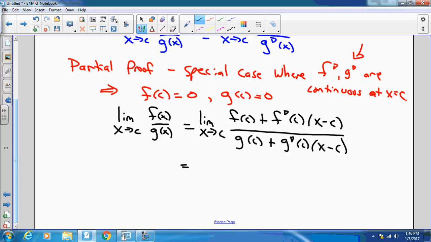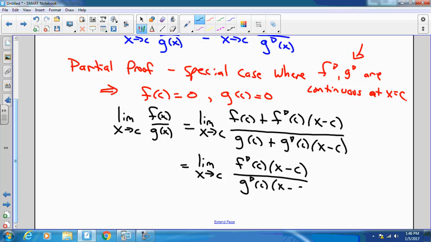But now, what is the value of f of c? 0. And what's the value of g of c? Also 0. So I can substitute in 0 for both of these, and they disappear. Look at what's left. f prime of c over g prime of c times x minus c.